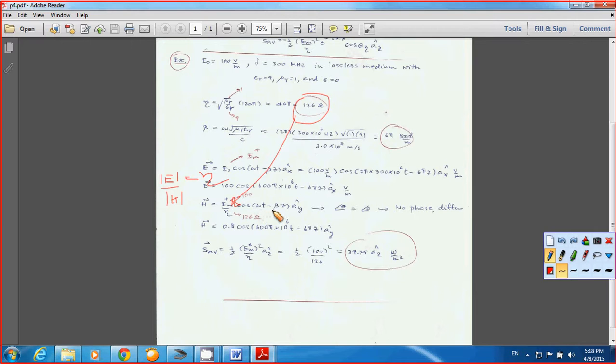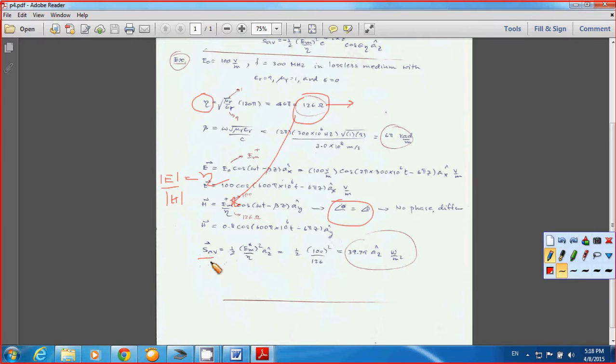And with cosine omega t minus beta z, you have no phase difference between E and H because your phase angle is 0 from your intrinsic impedance, because it is already a real number. Then H equals 0.8 cosine of 600 pi times 10 to the 6 t minus 6 pi z, in the a_y direction.